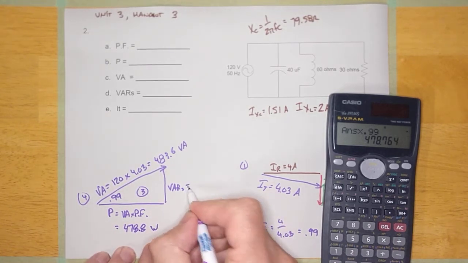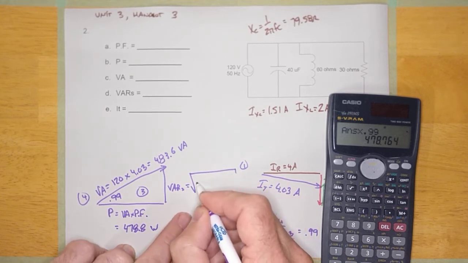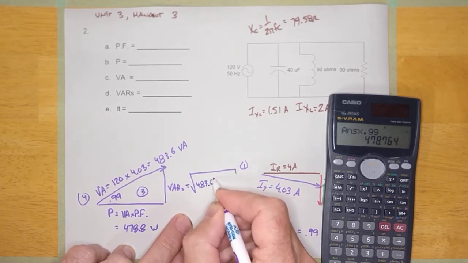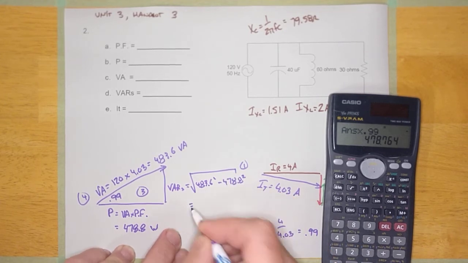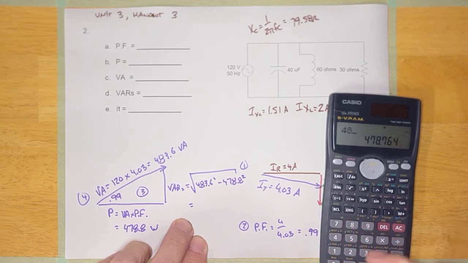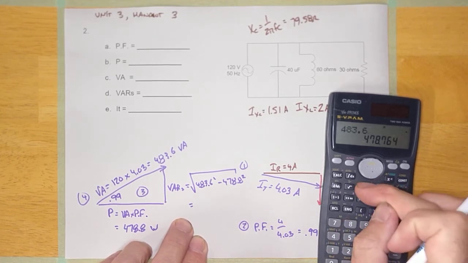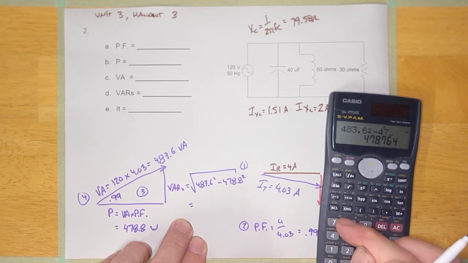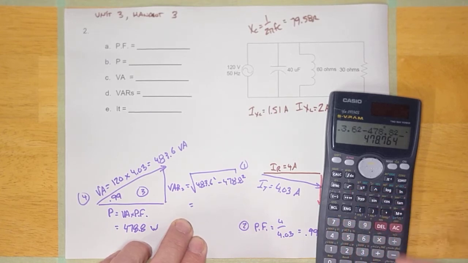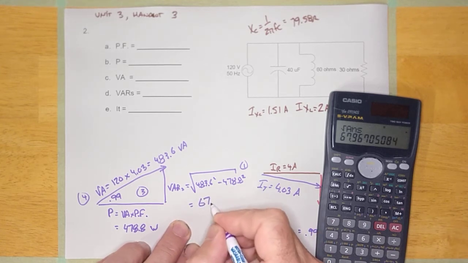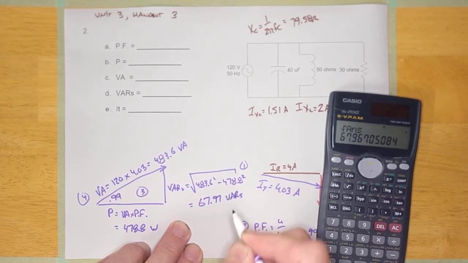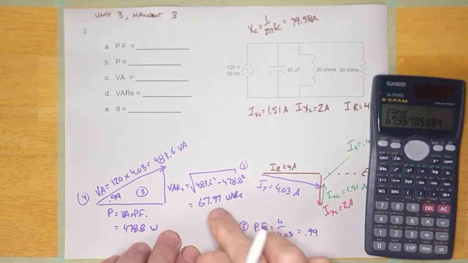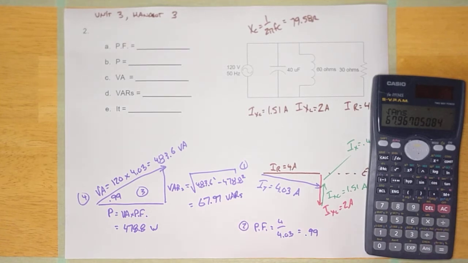Last one: the square root of 483.6 squared minus 478.8 squared equals 67.97 vars. I think we're done.